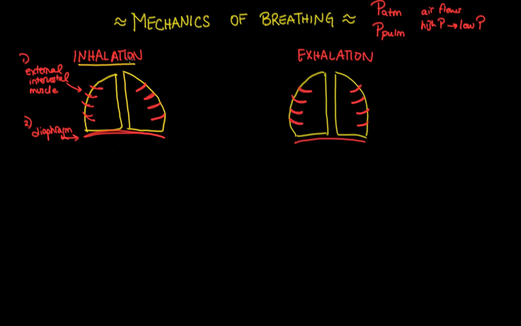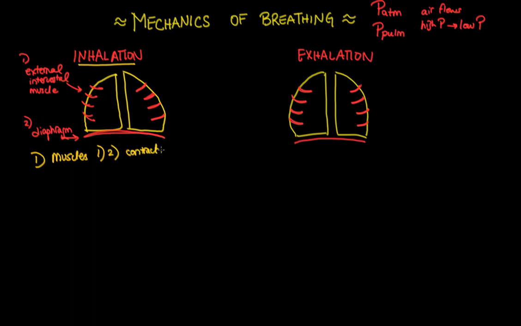When you are going to inhale, we have a center in our brain, the medulla oblongata, that has a respiratory center, and this is going to establish and set the breathing rhythm. And so this is going to send a message to contract both the diaphragm and the external muscles. So the first step is that the muscles, and I'm going to abbreviate here saying 1 and 2, meaning the diaphragm as well as the external intercostal muscles, they are going to contract.